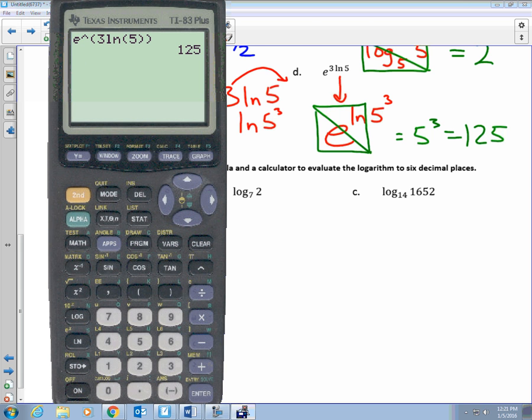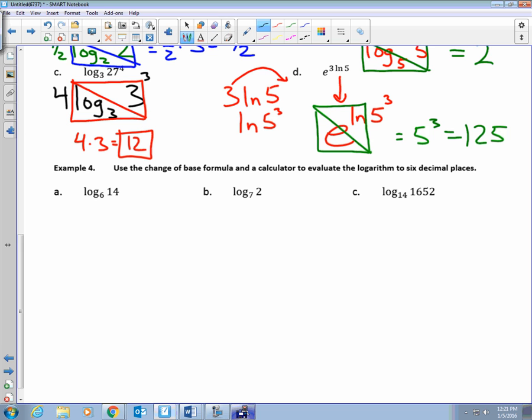Log base 3, another way to write this is log base of 5. Natural log is that.